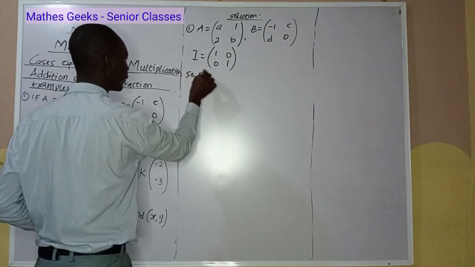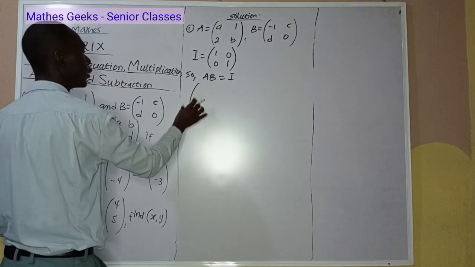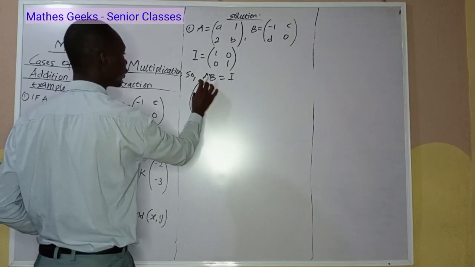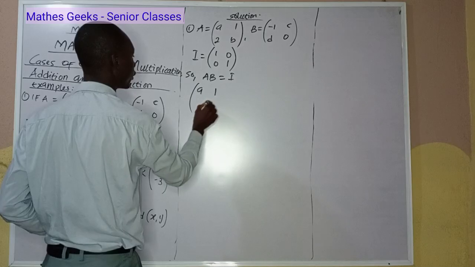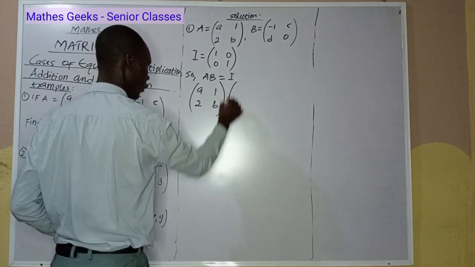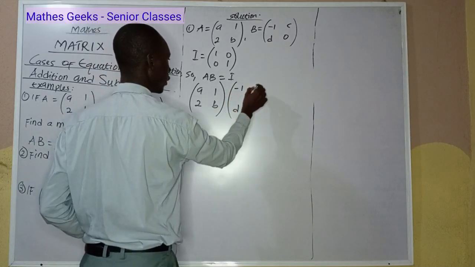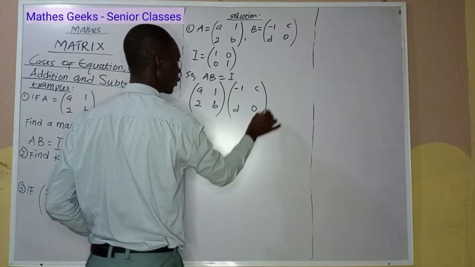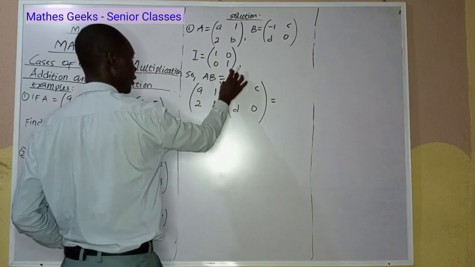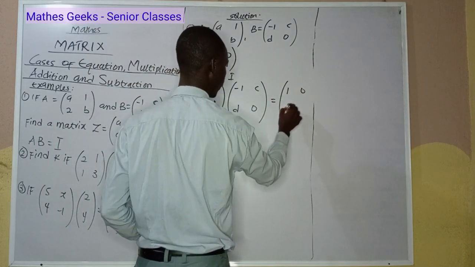So AB is equal to I, where matrix A is a, 1, 2, b, and matrix B is -1, d, c, 0, which is equal to our identity matrix 1, 0, 0, 1.